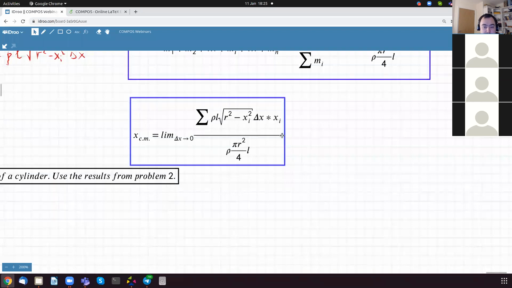And the limit, we're using the Riemann sums.